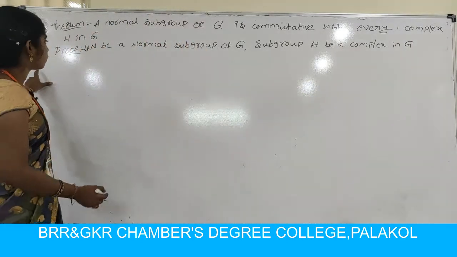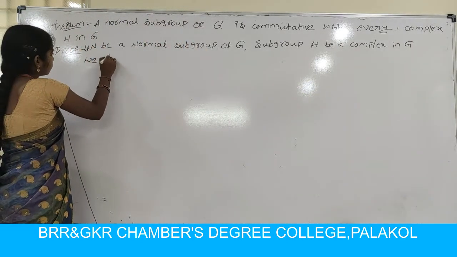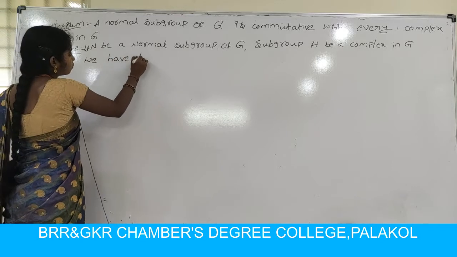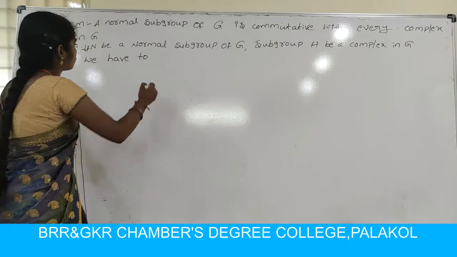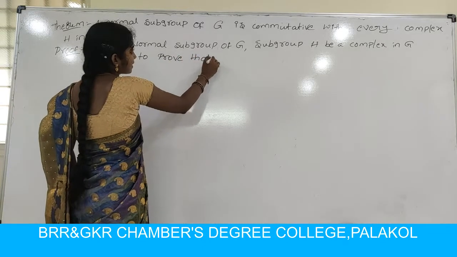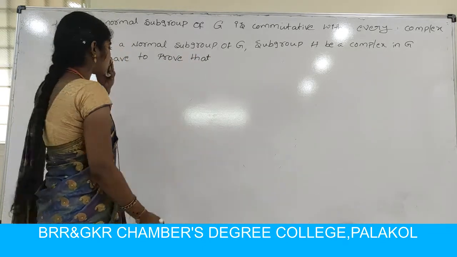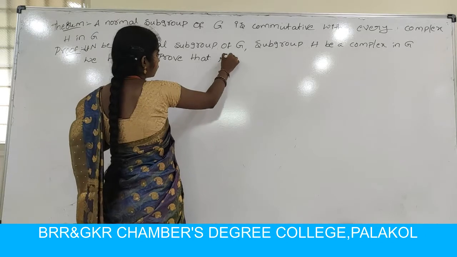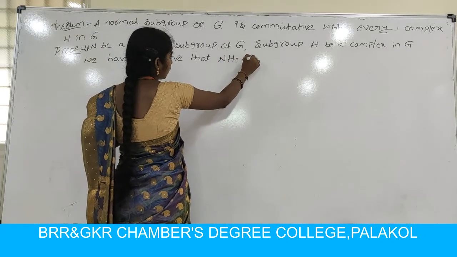So we have to prove that N is commutative with H, which means we have to prove that NH is equal to HN.